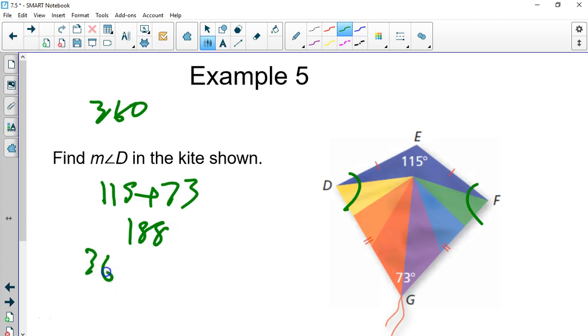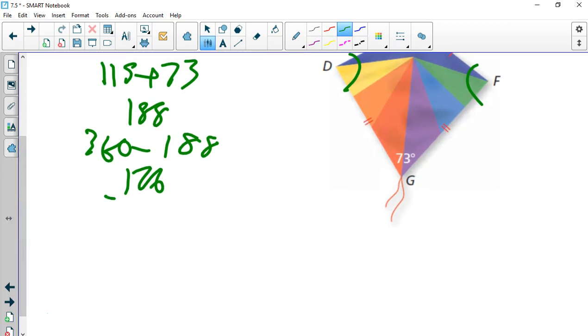We're going to do 360 minus 188, and that's going to give me 176. Now, that's between the two angles which are equal, so we need to divide by 2, and that means 86 degrees at each angle D and F.